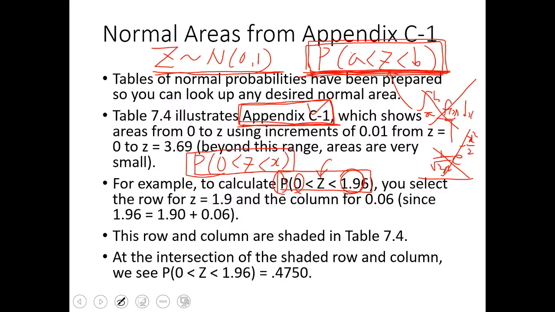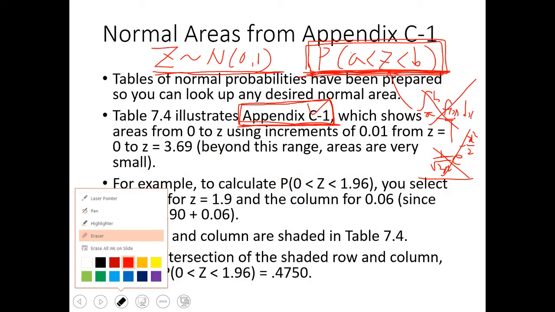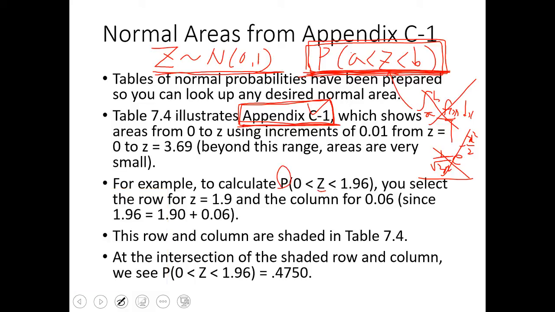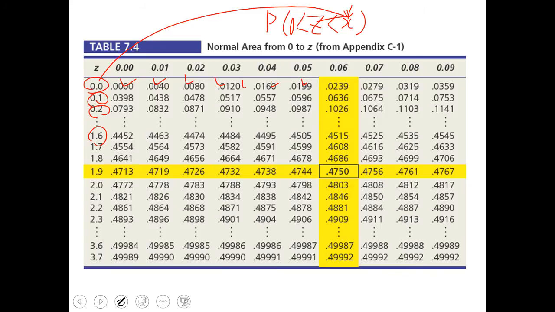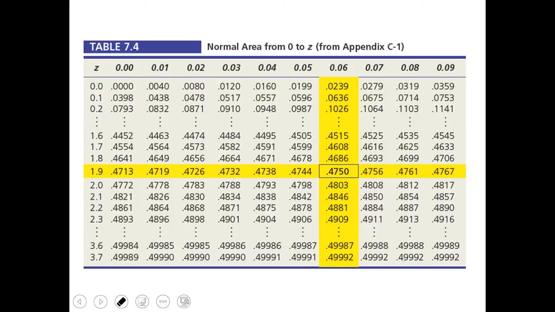For example, if you want to know the probability that the standard normal distribution is between 0 and 1.96, then you just find this table and let's see. First, here is 1.9.